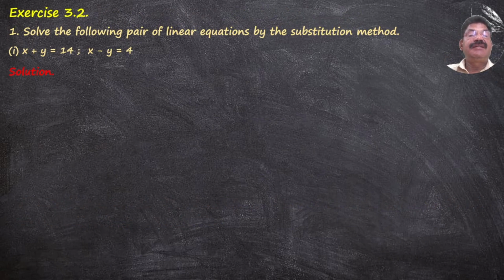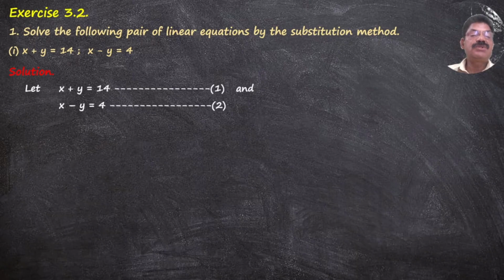Now, exercise 3.2. First problem, solve the following pair of linear equations by substitution method. x plus y equal to 14, x minus y is equal to 4. So, we take x plus y equal to 14 as equation number 1 and x minus y is equal to 4 as equation number 2. From equation 2, you find the value of x.